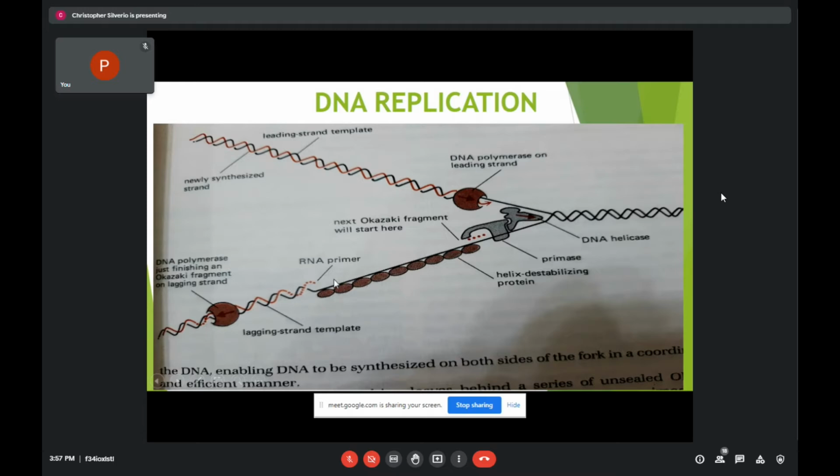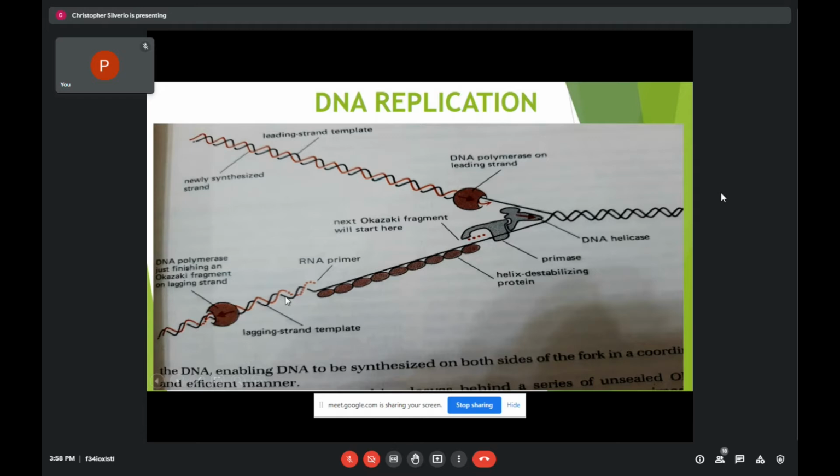Okay. So this is supposed to be replicated as in the case. Okay. So this is another, and you know, this fragment, when this will be synthesized into a new lagging strand, you will call that the Okazaki fragment.